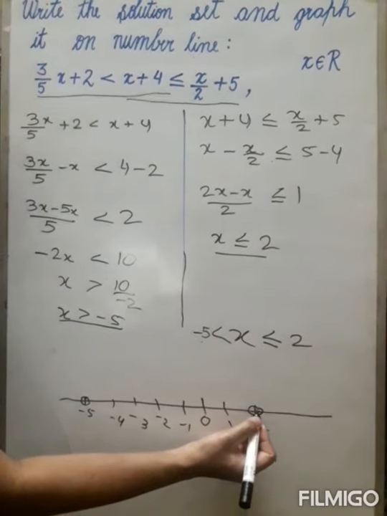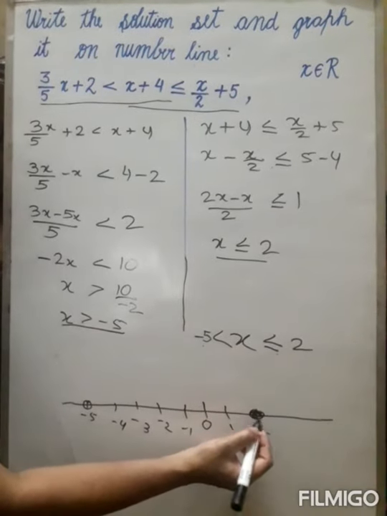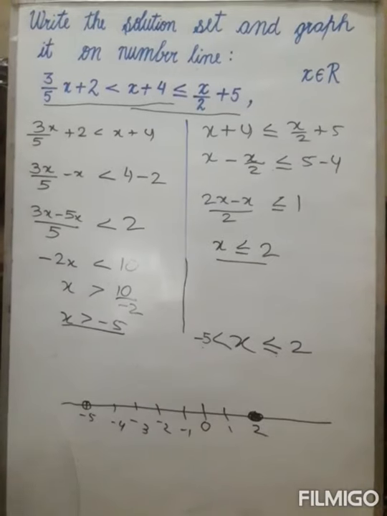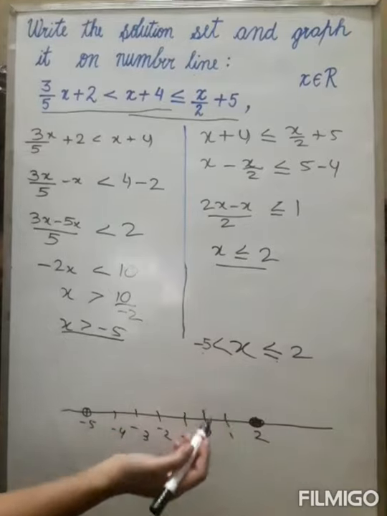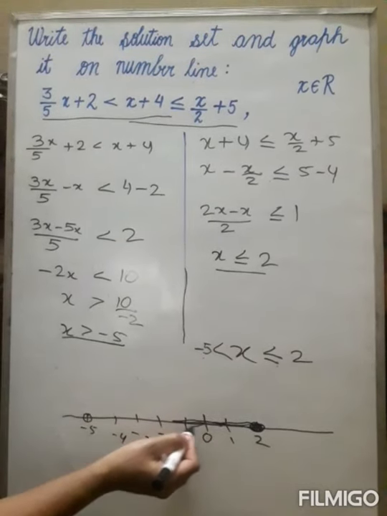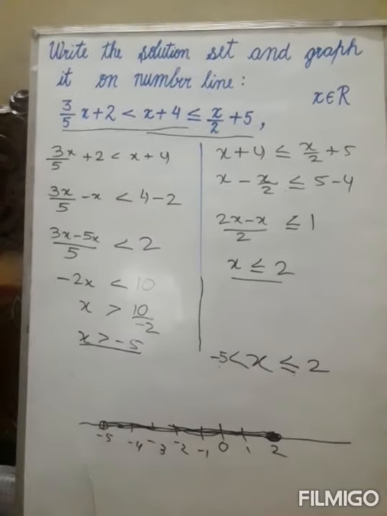Now on 2 we will fill the circle because we have an equal to sign here. And on minus 5 we will not fill the circle because we don't have an equal to sign. Now x is greater than minus 5 and less than or equal to 2. So we are going to make the region a little bit darker. So this is our graphing on number line.